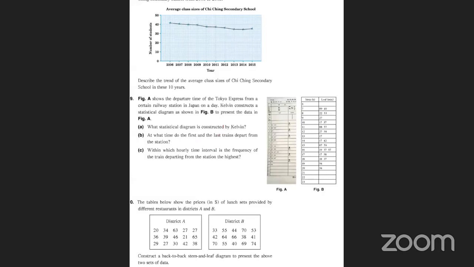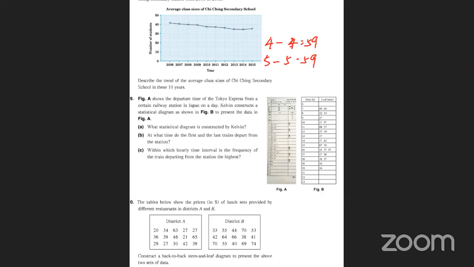And then, within which hourly time interval? Hourly means hour, in 1 hour. Time interval. Now in this case, if you say, for example, 4 to 4:59, it is a 1 hourly interval. And then 5 to 5:59, this is also a 1 hourly interval.